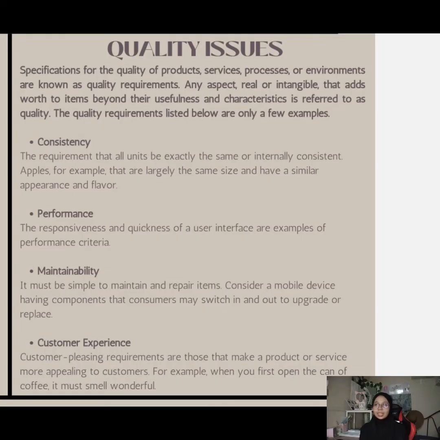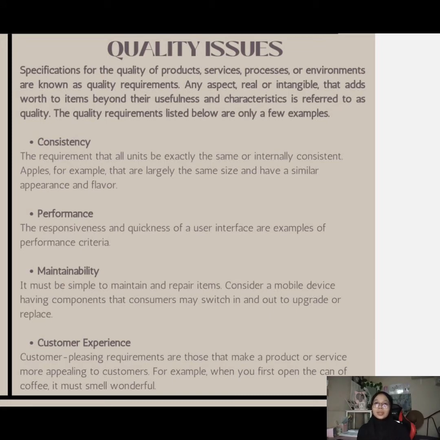Okay, for the next is quality issues. Specifications for the quality of a product, service, process or environment are known as quality requirements. Any aspect, real or intangible, that adds value beyond usefulness and characteristics is referred to as quality.